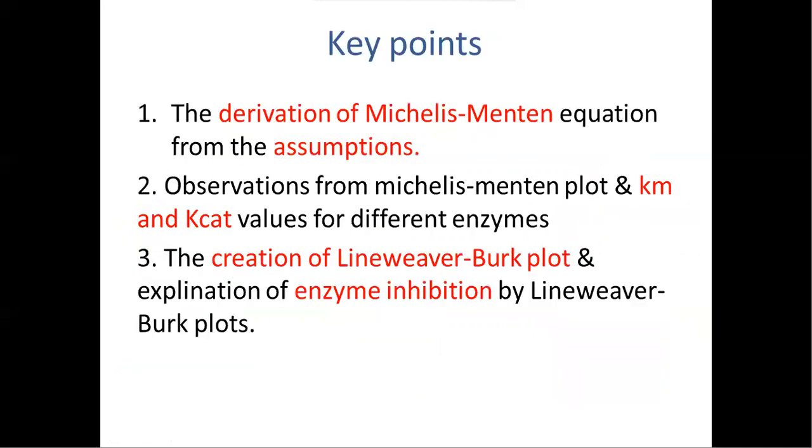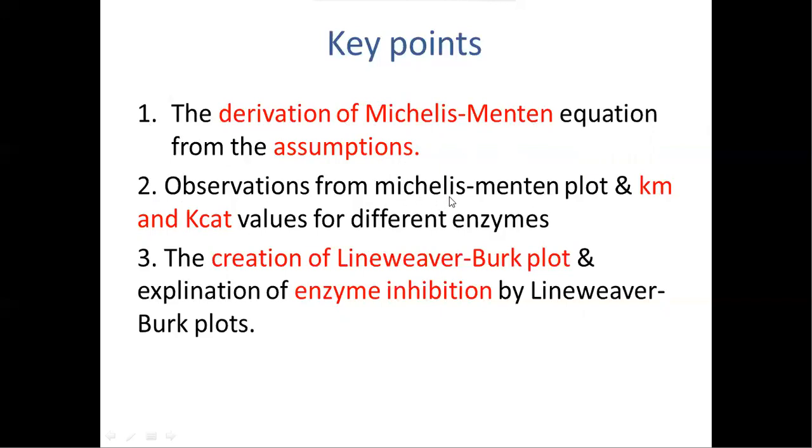So what did we learn here? Let's look at the three important points once again. The first point is the derivation of the Michaelis Menten equation. We derived the equation using four important assumptions. The second point is the observations of the Michaelis Menten plot.